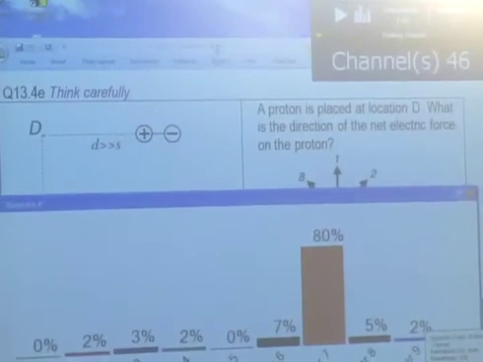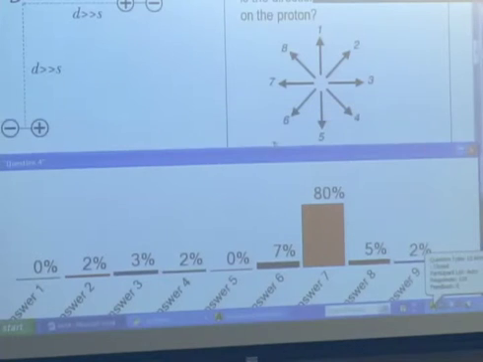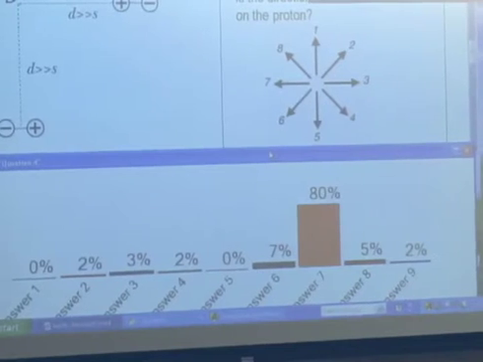Okay, so we are converging toward an answer. We say answer number 7 is most popular. We're doing superposition, but we can do the superposition of just 2 dipoles, right? Since we know the results for each individual dipole, we can then just figure out what the net electric field has to be.